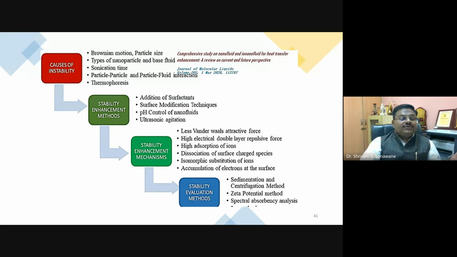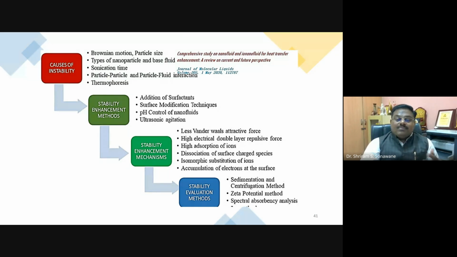Thermophoresis is a phenomenon observed in a mixture of mobile particles, where different particle types exhibit different responses to the force of a temperature gradient. Stability can be obtained when the pH value is far from the isoelectric point, which is a point of zero potential, thus giving maximum repulsion between the particles.